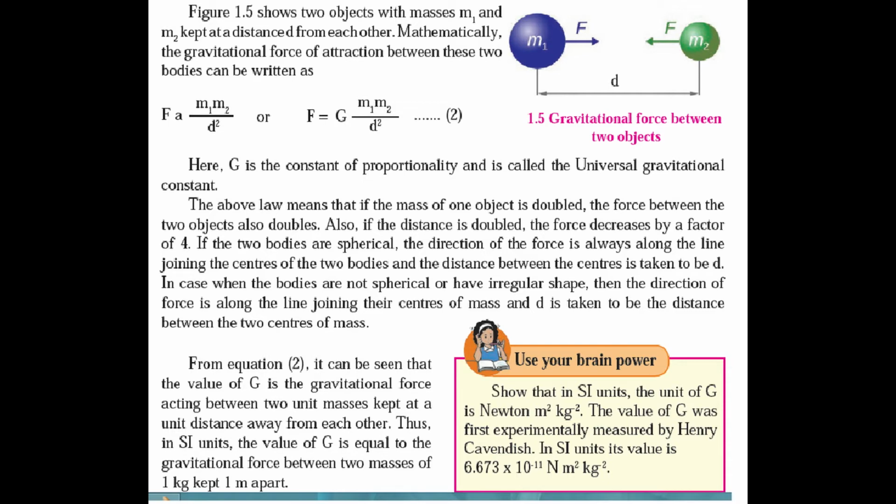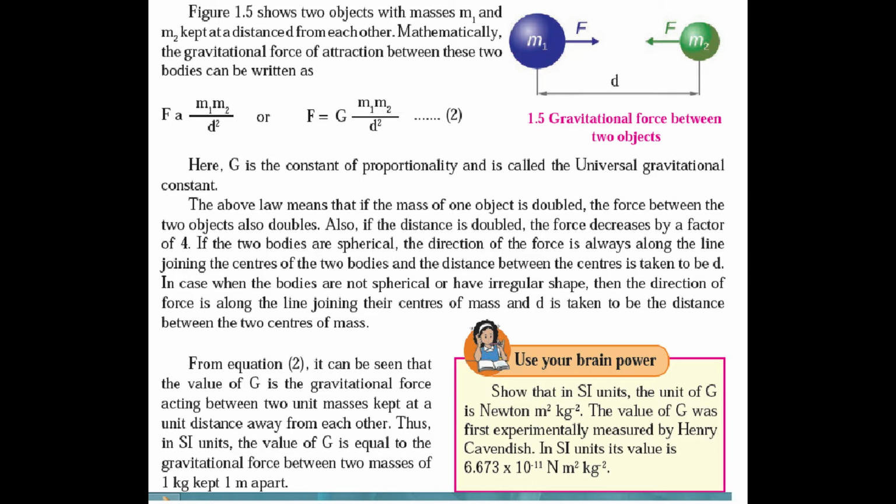Now, having looked at the background for Newton and Kepler, have a look at this diagram 1.5, which shows the gravitational force between two objects with masses m1 and m2. So two objects at a distance d from each other.